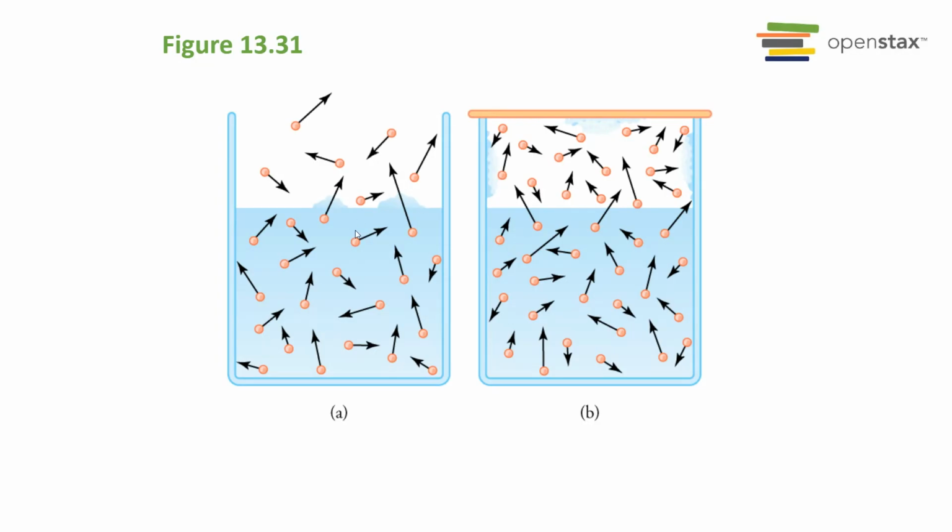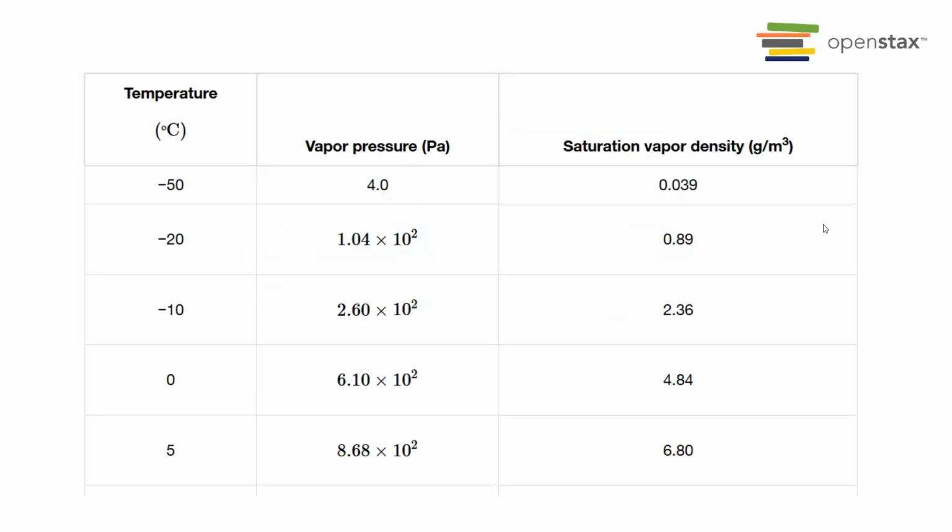In Figure A, because it's so open, you might have a little condensation right here where they escape the vapor, and then through that process of escaping, they lose a little bit of energy and condense back down to liquid. And so those are the two things that we want to consider today.